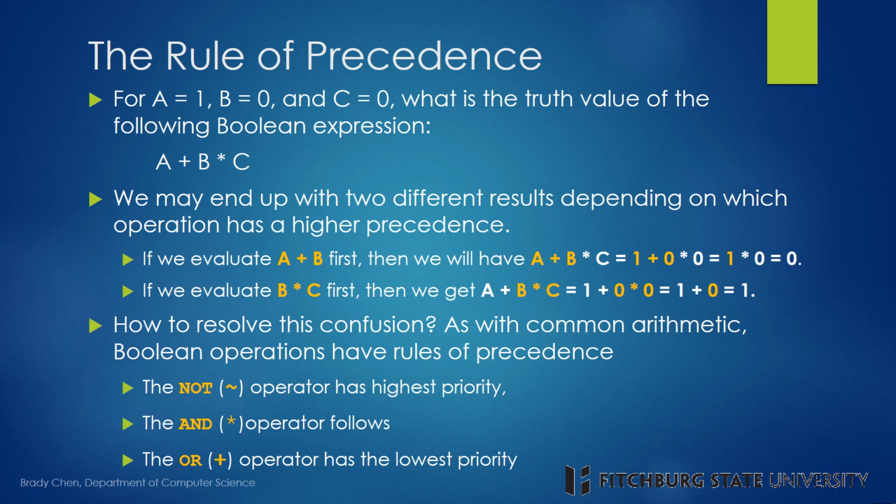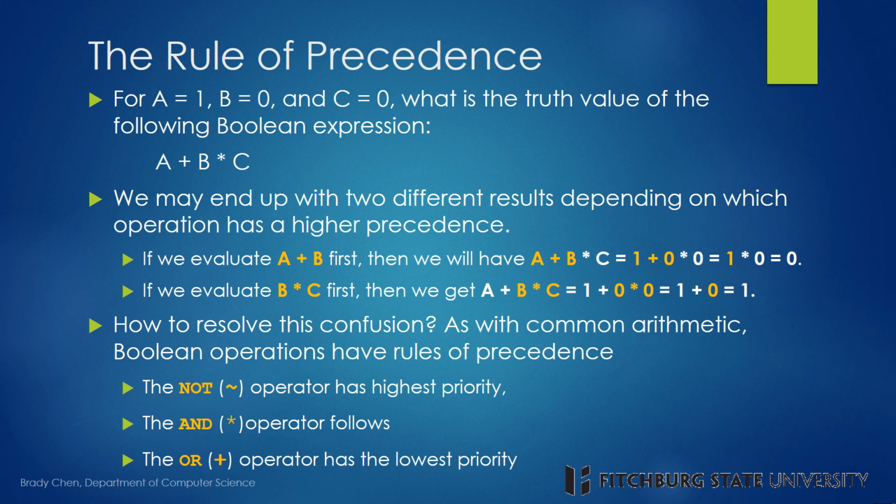So now with the three operations, one is the asterisk, representing AND, one is the plus, representing OR, and the tilde representing negation, we need to define the rule of precedence. In module 1, we introduced the four operations, but we did not really talk too much about the rule of precedence.